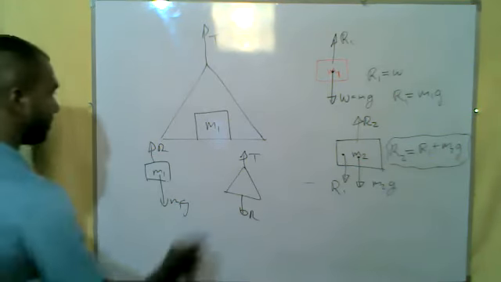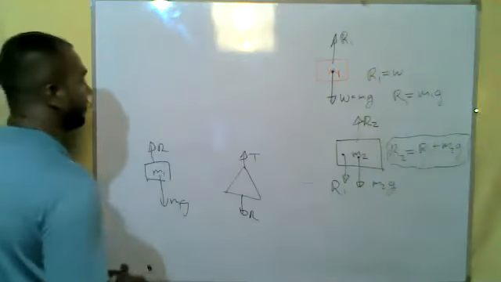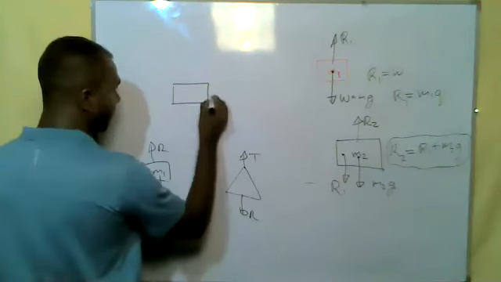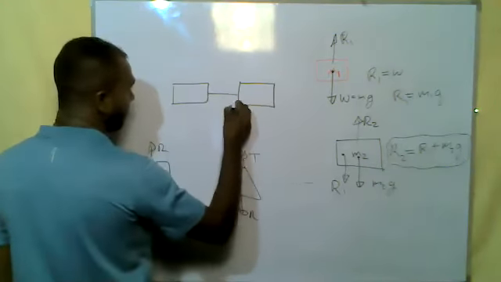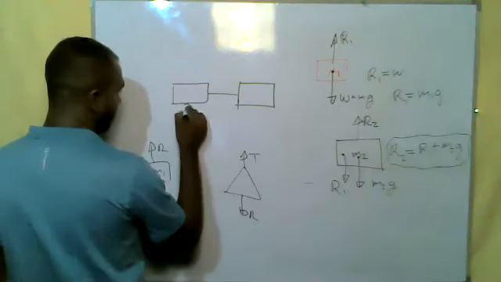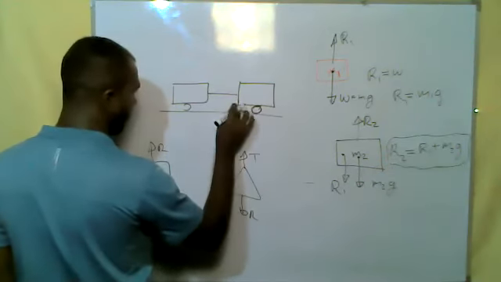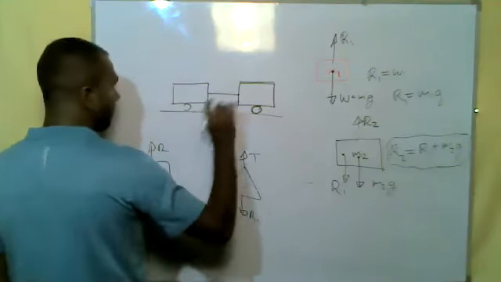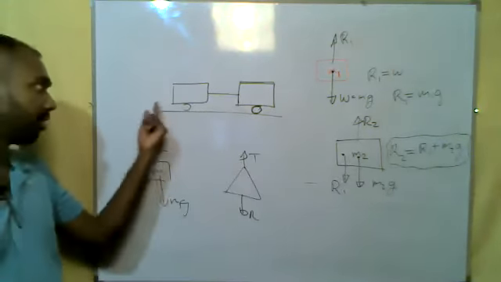So now let's try one where these forces are in a horizontal direction. Think this is a trolley pulled by a motor, okay? It is attached by a string, or a rod.